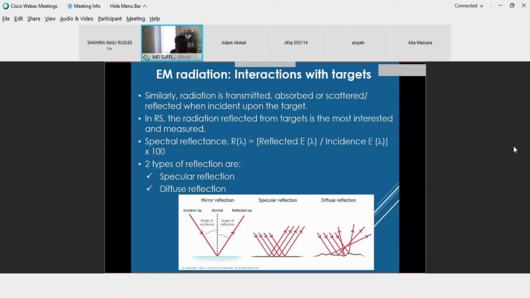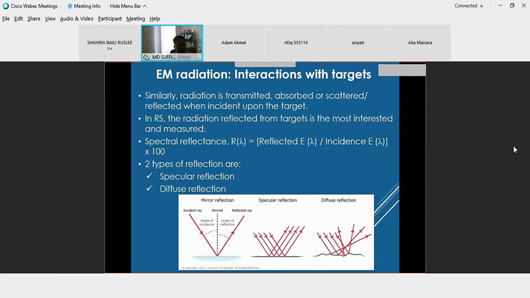So spectral reflectance disebut sebagai reflectance ataupun pembalikan, reflection dia pantulan. So bila disebut sebagai spectral reflectance, is the ratio between the reflected light and incoming light or incident light. Yang berapa persen yang dia reflect daripada persen cahaya yang sampai ke permukaan objek.